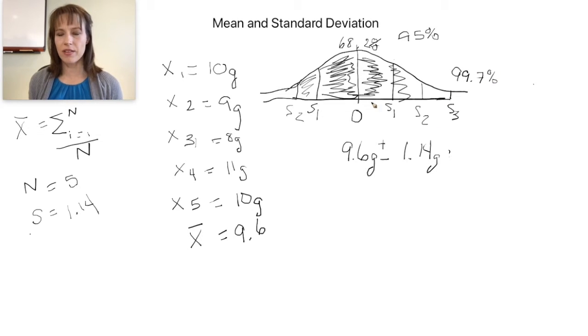So by the time we've got out to plus or minus the third standard deviation, we should have captured almost all the values, 99.7% of the values that we have collected in the lab. And if this is statistically significant, that should happen over and over and over once we've calculated the mean.